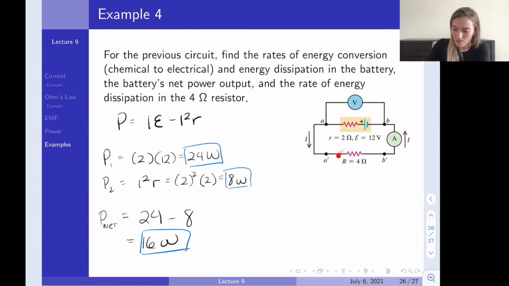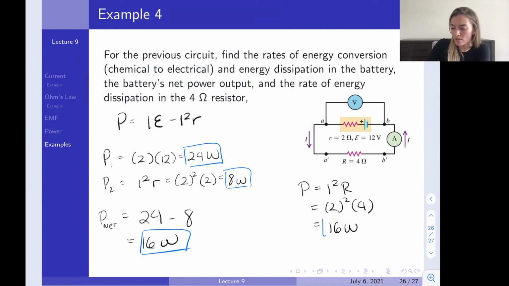In this resistor, we can use one of our equations for power through a circuit element, I squared times R. Here, the current through our resistor is 2 amps, so it's 2 squared times the resistance of the resistor, which is 4 ohms. So this gives us 2 times 2, which is 4, times 4, which is 16. So we've got 16 watts.